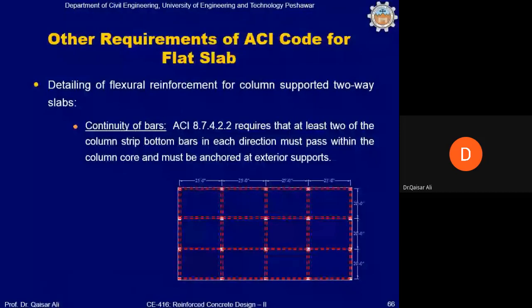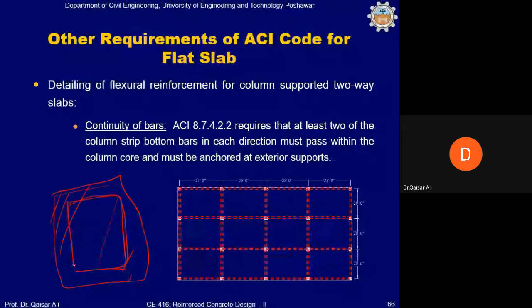And then there is a requirement of continuity of bar for structural integrity. Within the column strip, out of all the reinforcing bars, 2 bars will be placed such that they pass through the column core. The column core is basically the portion of the column which is enclosed by the stirrups. This is the total column, and within the column, this part is basically the stirrup part. This will be the column core.